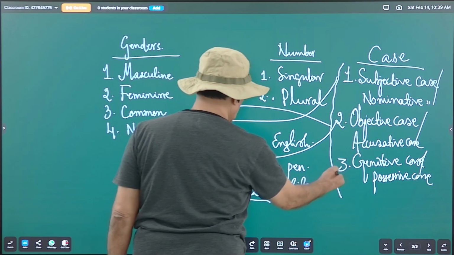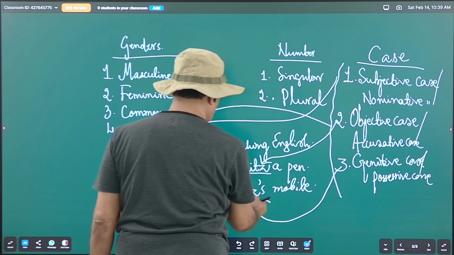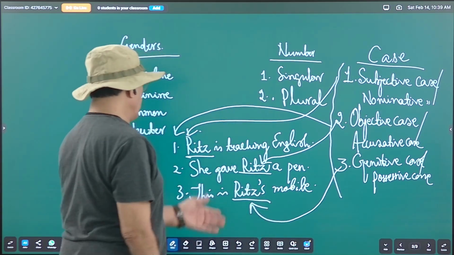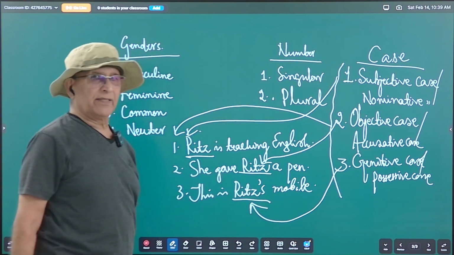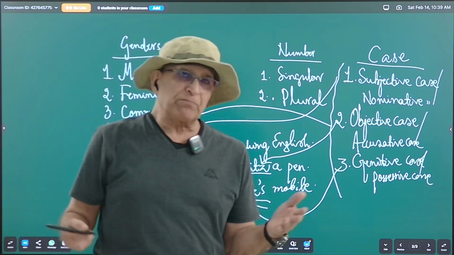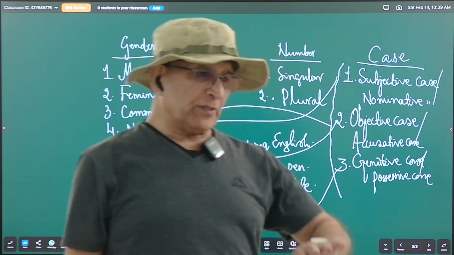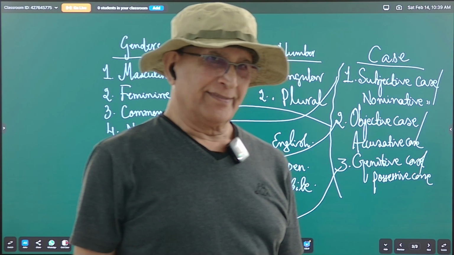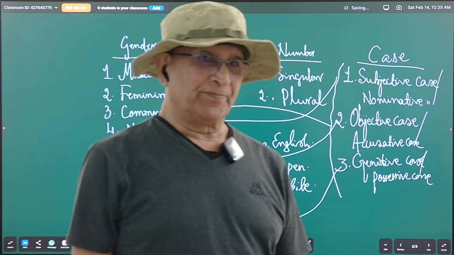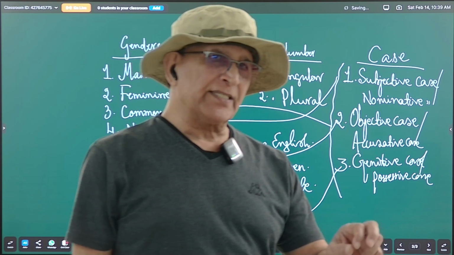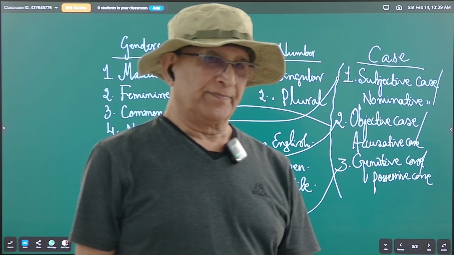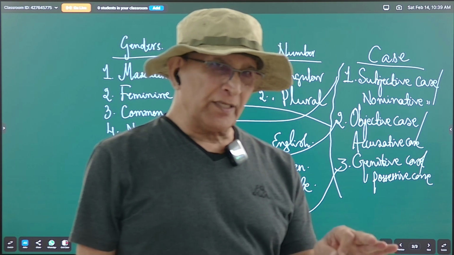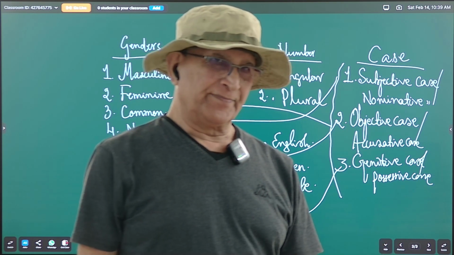And the last one, Riz's mobile. This is Riz's mobile because it refers to the possession of that mobile. Who possesses that mobile? It is Riz. It belongs to Riz. This is Shivani's book. This is Subham's mobile.